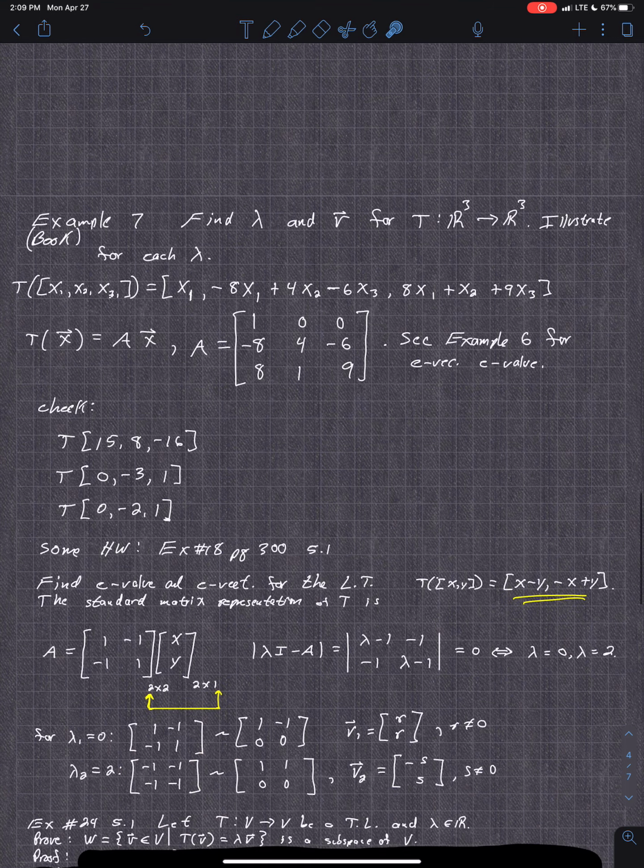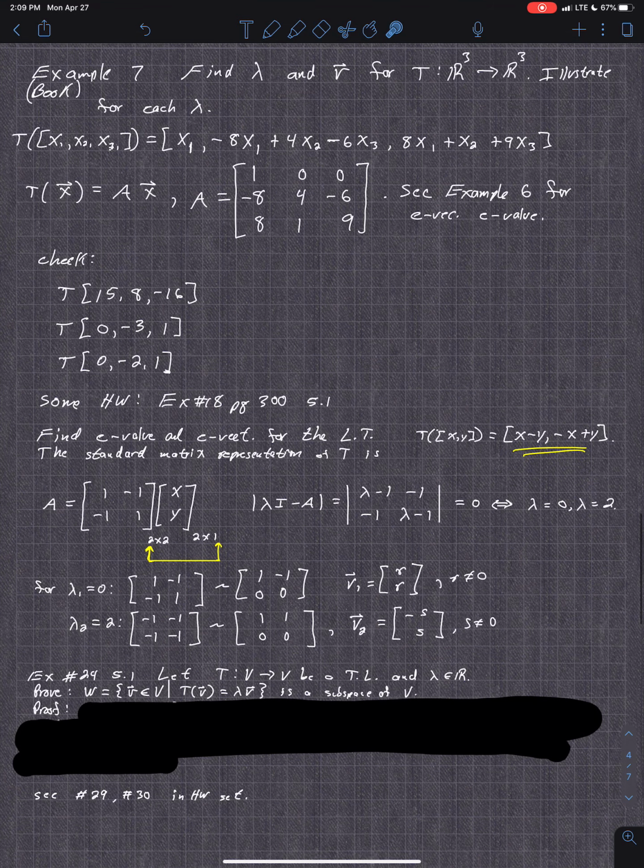I highlighted one example in the book, example 7, and it says find lambda and V for the linear transformation T from R3 to R3, and basically wants you to find it. So I didn't work it out, so I want you to look at that as an example to work out.